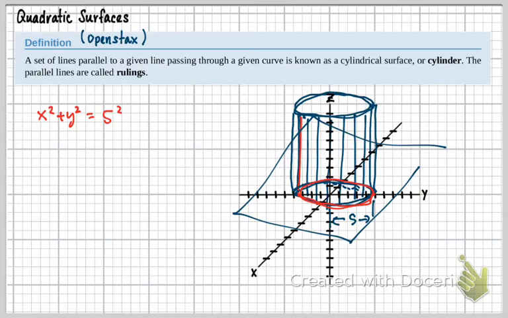Now, since I'm actually talking about a cylinder here where z is going upward, then that doesn't add anything more to this. Essentially, I'm just dealing with this equation, x squared plus y squared equals 25.